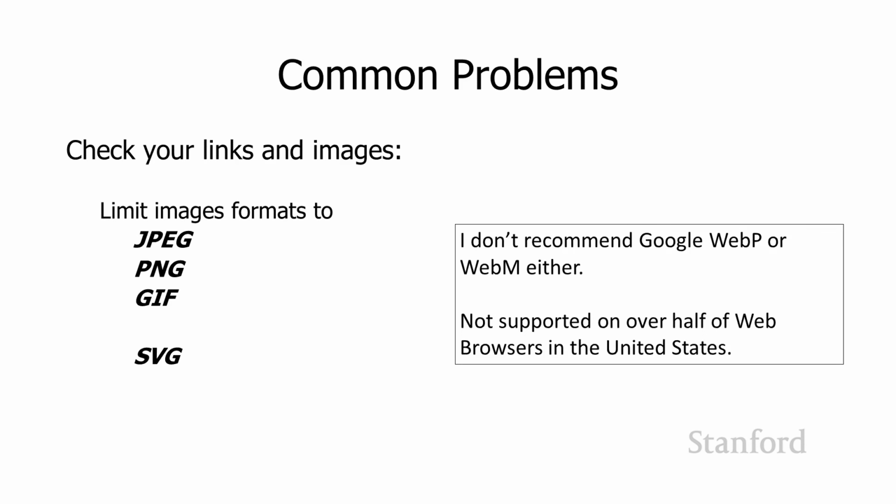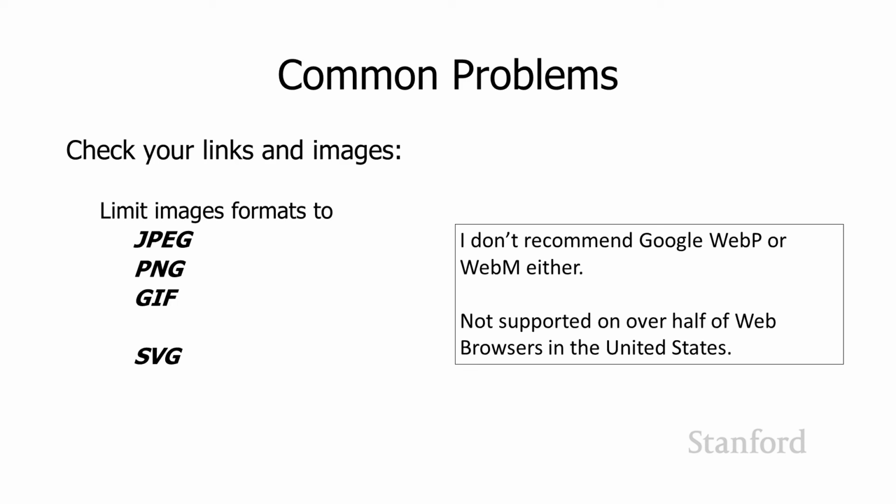Also, Google has been pushing these WebP and WebM formats. One of them's for photos and one of them's for movies. These are not supported by a little bit over 50% of the web browsers currently in use in the United States. One of the big holdouts, it turns out, is that Apple is not supporting it on their Safari web browser.